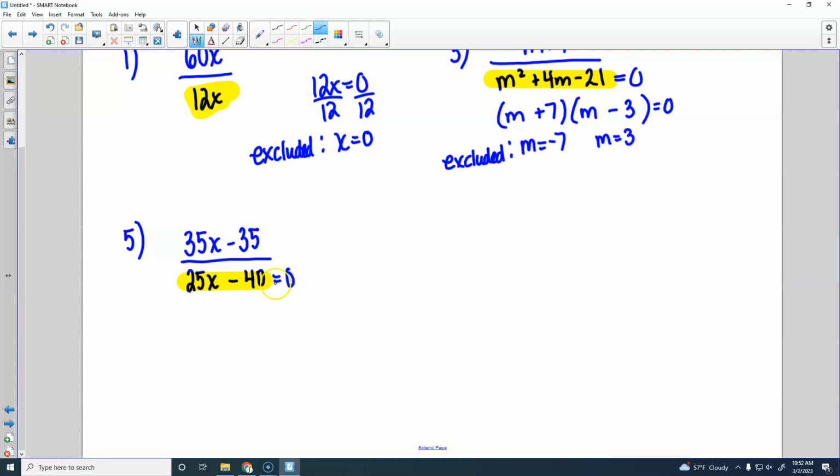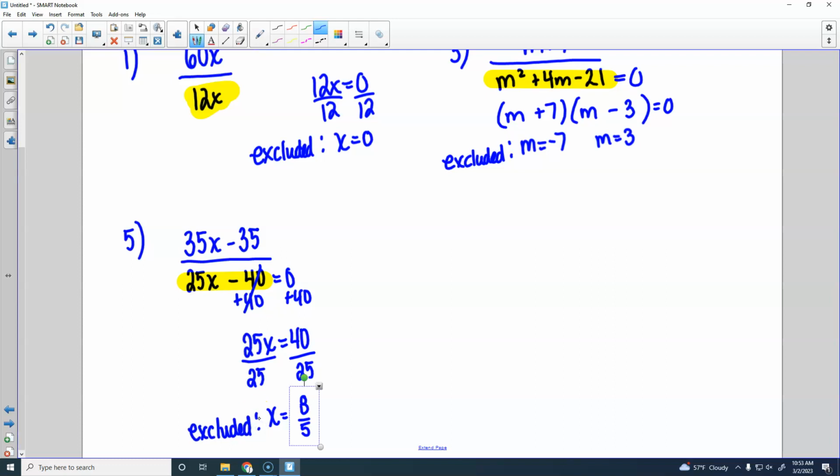We have a pretty simple linear equation here. We're just going to add 40. 25x equals 40. We will divide by 25. And that will reduce, both of those are divisible by 5, so we'll get 8 fifths. So our excluded value would be 8 fifths.